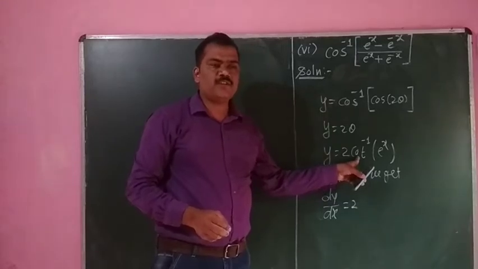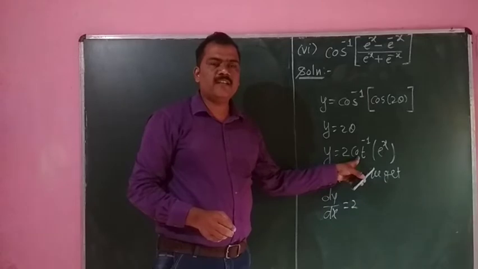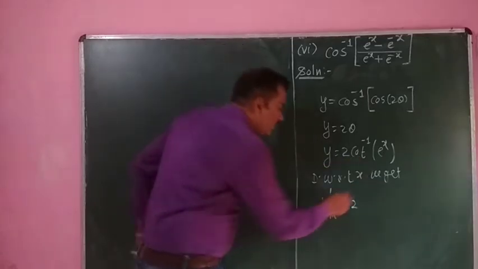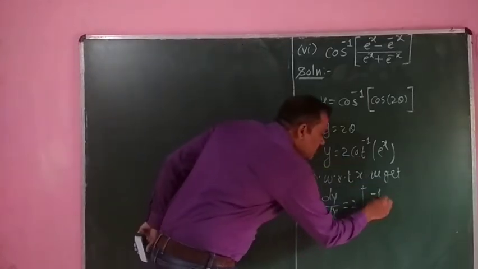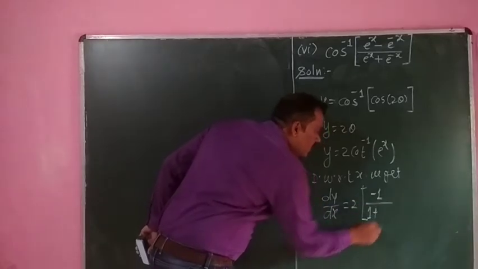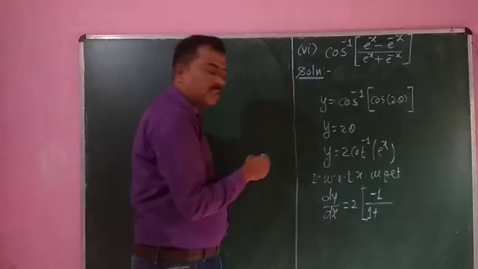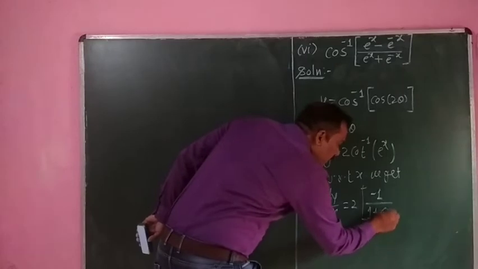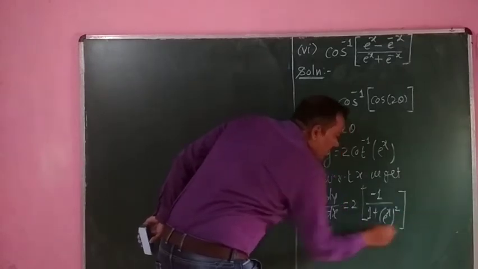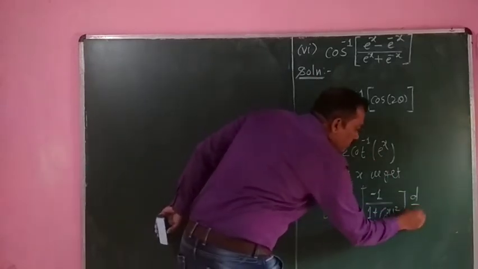What is the differentiation of cot inverse of x? It is minus 1 upon 1 plus x square. Here x is nothing but e^x, so we get minus 1 upon 1 plus (e^x) square, into d by dx of e^x.